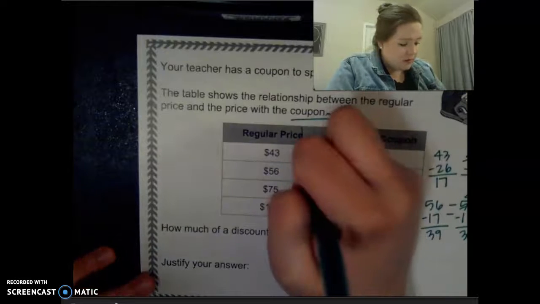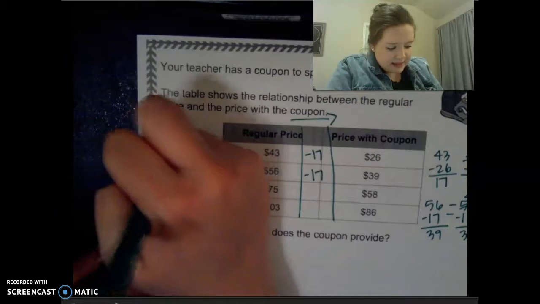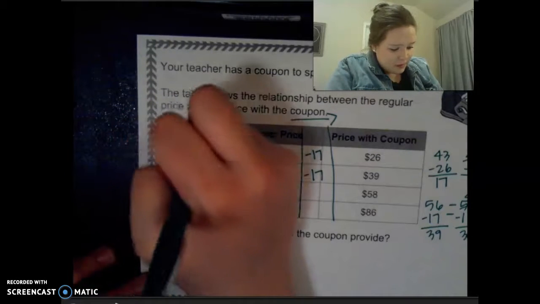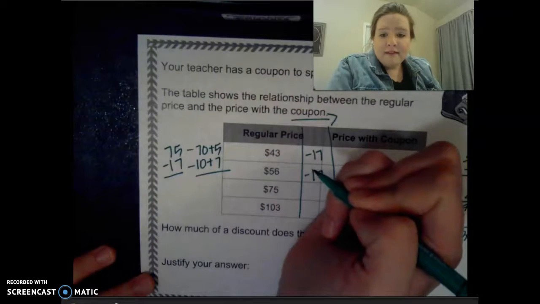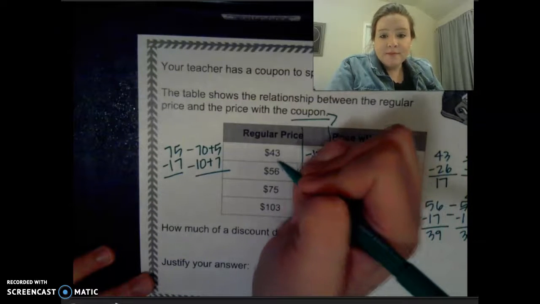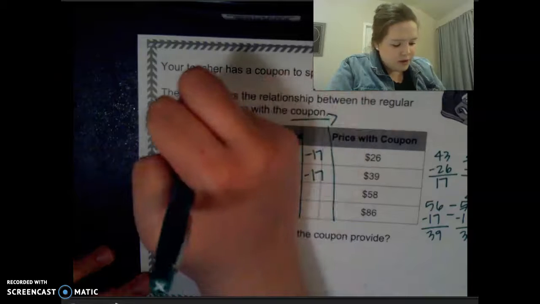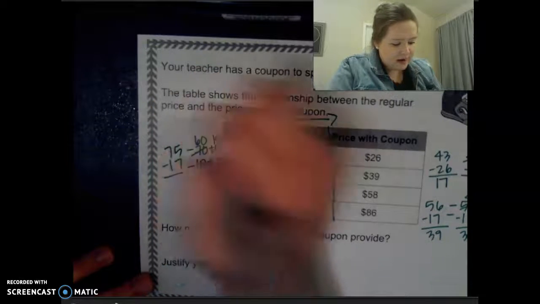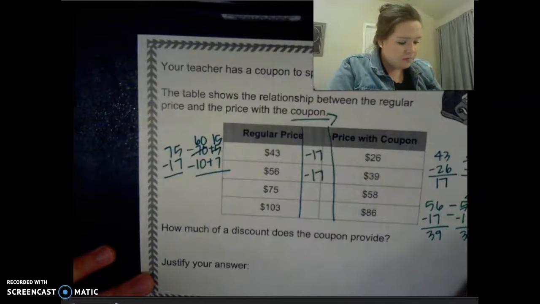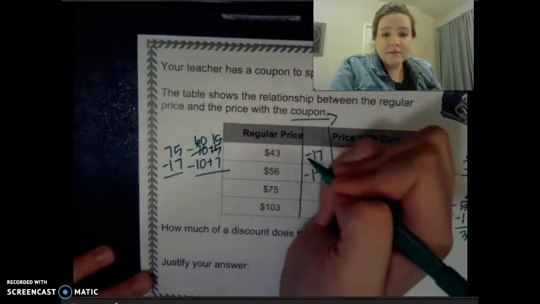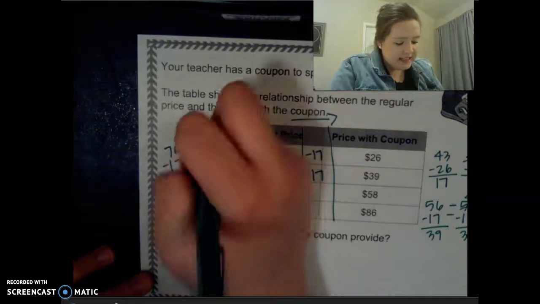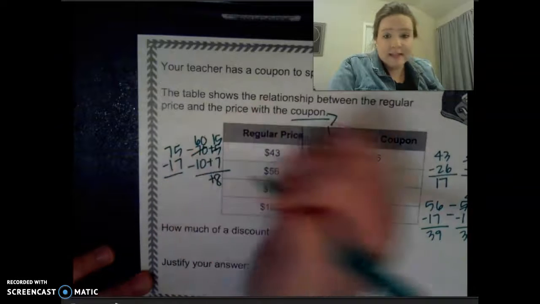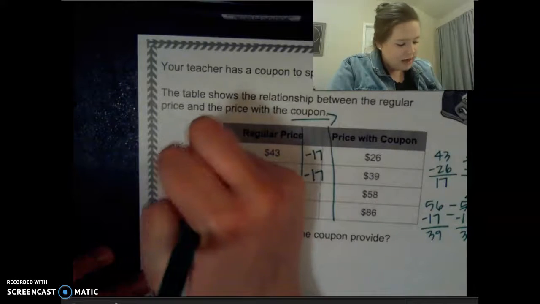So that does work. 75 minus 17. Five minus 7. You guys are so smart. Can't do that. 15 minus 7. Good job. Equals 8. And 60 minus 10 is 50. Good. Equals 58.